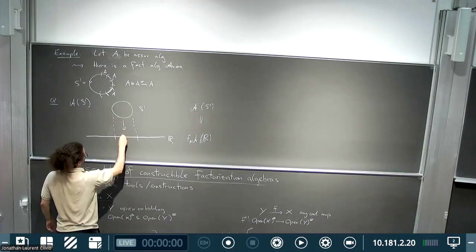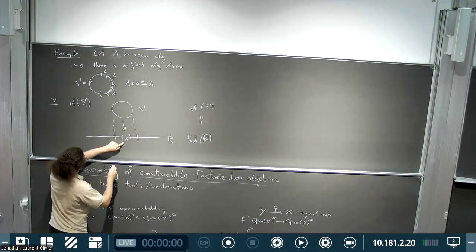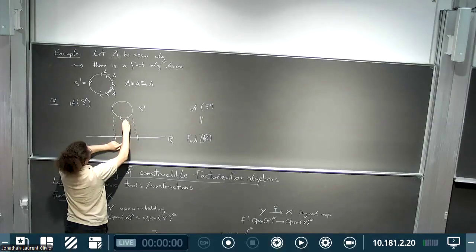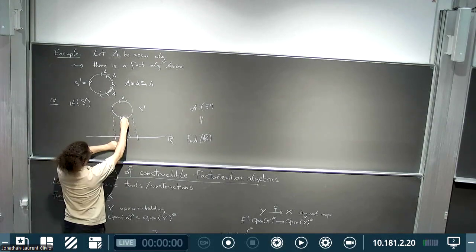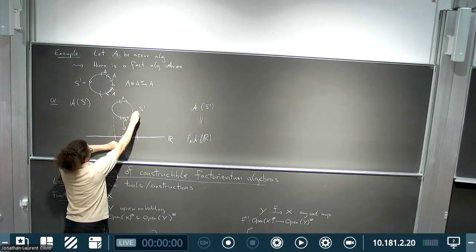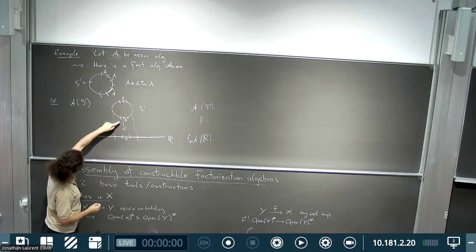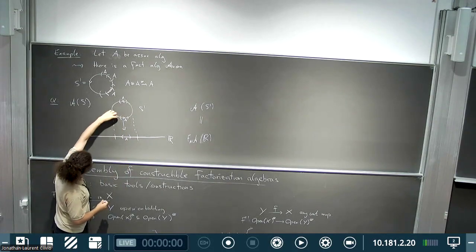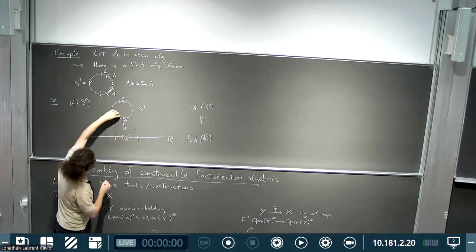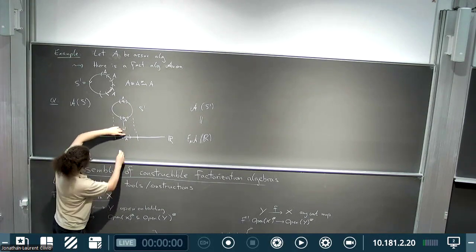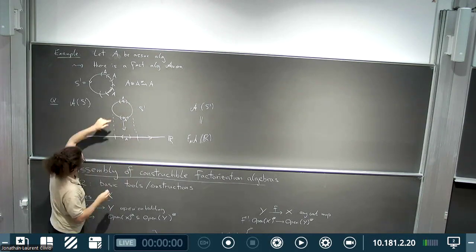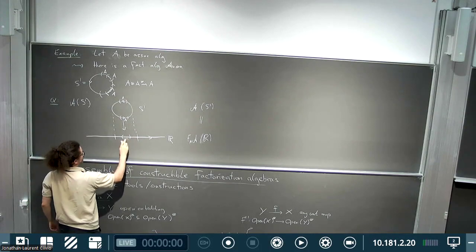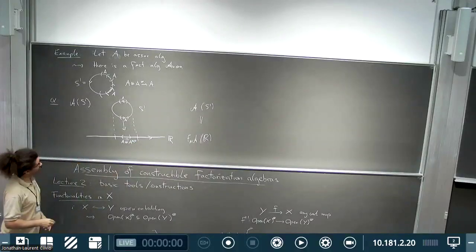If we look at an open that's somewhere here in the middle, then we see that the pre-image is actually 2 copies of A. But if you look a bit more specifically, since the orientation here goes like this and here goes like this, you see that on this copy of A, if you have multiple of them in a row, you will have the original multiplication of A. You could say this one is oriented this way. But up here, there's a reversal of orientation. So really, the value on such an open is A tensor A as an algebra.